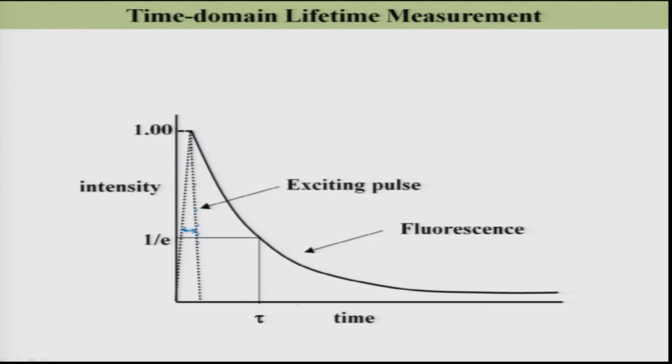That means when you are exciting this molecule, all the molecules will go to the excited state all of a sudden. There is no time required to take all the molecules from the ground state to the excited state. That is what I consider here.